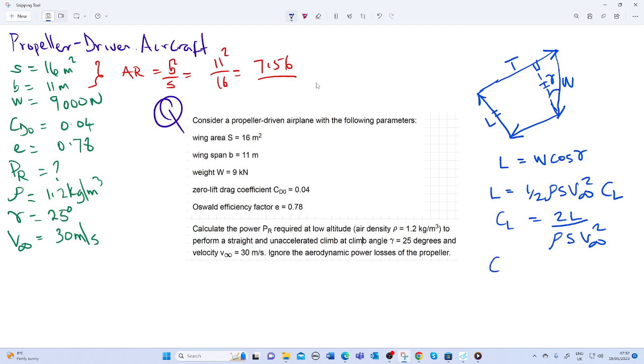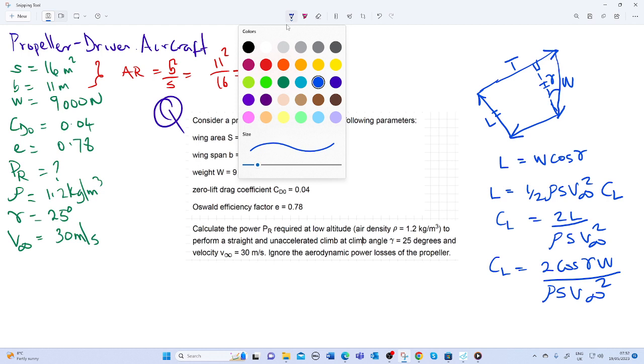So therefore our CL equals 2 cos gamma W over rho S V infinity squared.